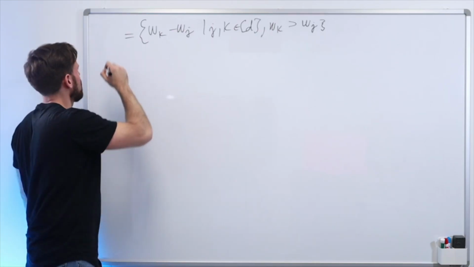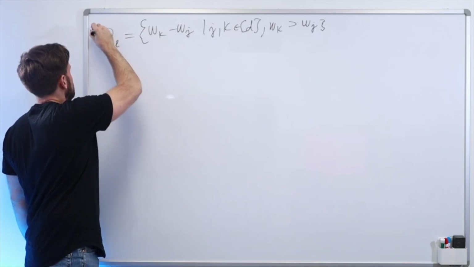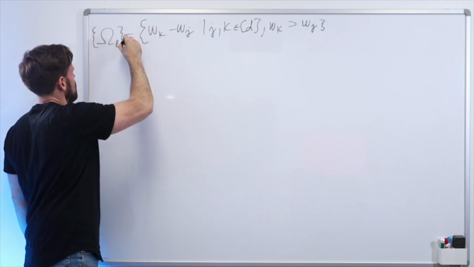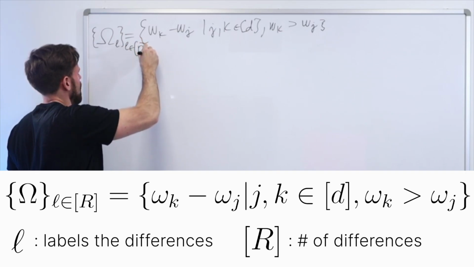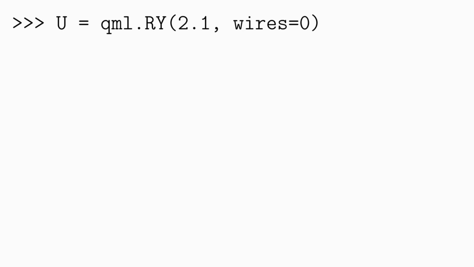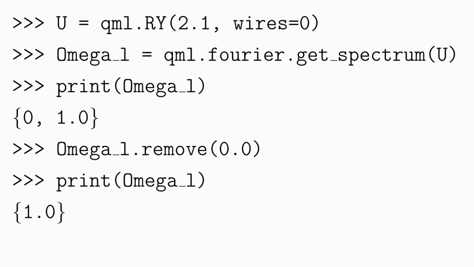Let's denote this set by uppercase omega L values such that L is from the square bracket R set. You can actually calculate sets of positive unique differences like this in PennyLane by using a method in the Fourier module called getSpectrum. Just give it your operator and it returns the set of positive unique differences. 0 is also included in this set, but it can be easily removed.